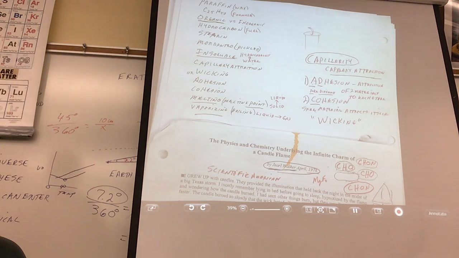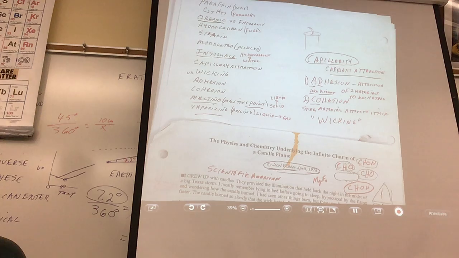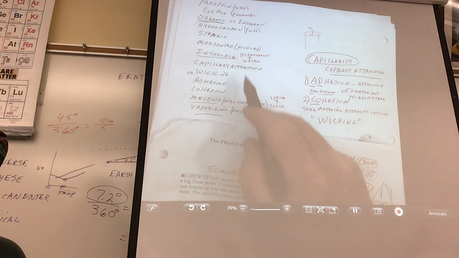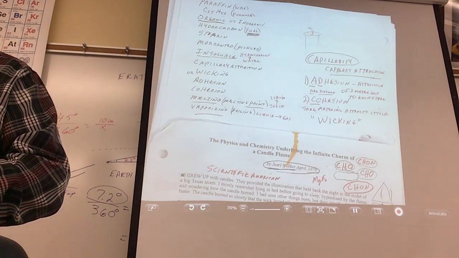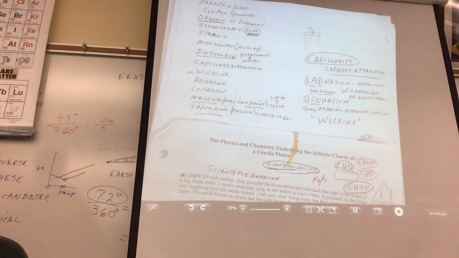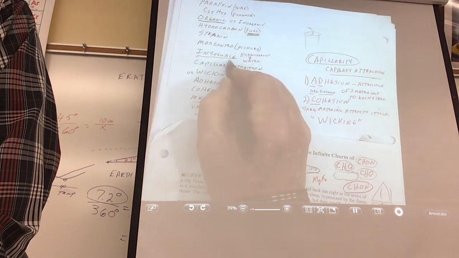Paraffin is an organic compound whose formula is C25H52. Paraffin only contains carbon and hydrogen, so it's also known as a hydrocarbon. Every hydrocarbon I know of can be burned. It's a fuel. Every hydrocarbon I know of is insoluble in water.